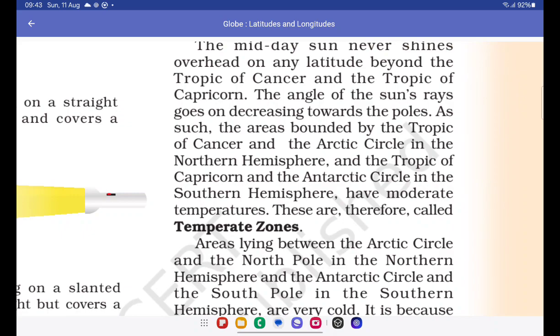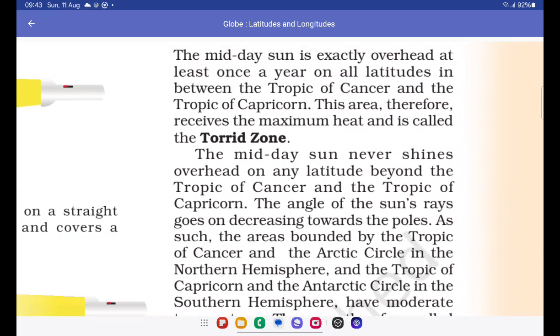These areas are between the Arctic Circle and the Tropic of Cancer in the northern hemisphere, and the Tropic of Capricorn and Antarctic Circle in the southern hemisphere.